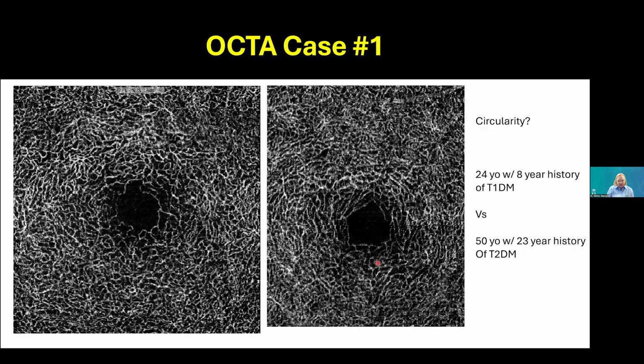And just to show you a difference, again, this is this 24-year-old, and then this is a 50-year-old with a 23-year history of type 2 diabetes. And again, maybe we see some slight irregularities, but this patient also has no clinically detectable retinopathy. And so when we're getting baseline scans, it's hard to say for certain without longitudinal data how much of this is truly non-perfusion versus just how they are.